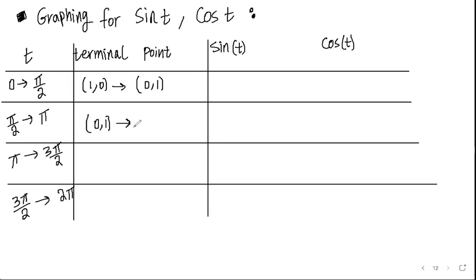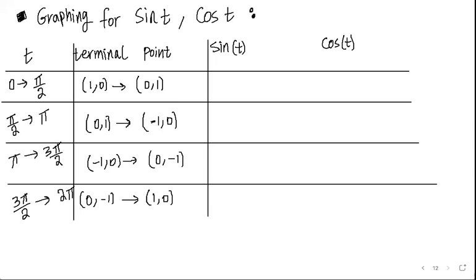If t is pi, terminal point here is negative 1, 0. From negative 1, 0 goes to this terminal point. Terminal point here is 0, minus 1. Again, 0, negative 1 goes to 2 pi is 1 and 0.